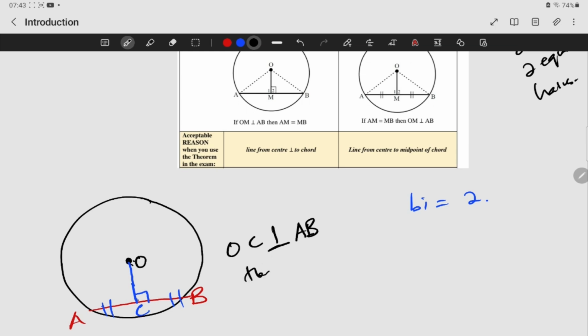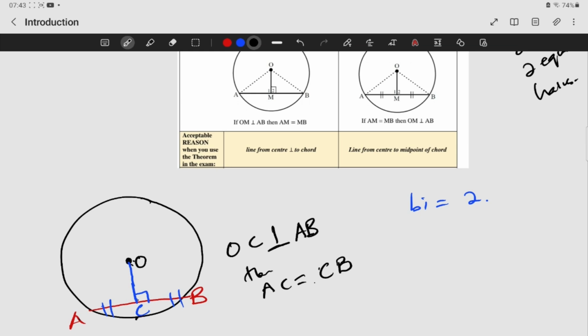We conclude that AC is equal to CB, which is the same as saying that OC bisects AB, or it divides AB into 2 equal halves, or it makes C the midpoint of AB. All those 3 statements mean the same thing. That's all that theorem 1 says.